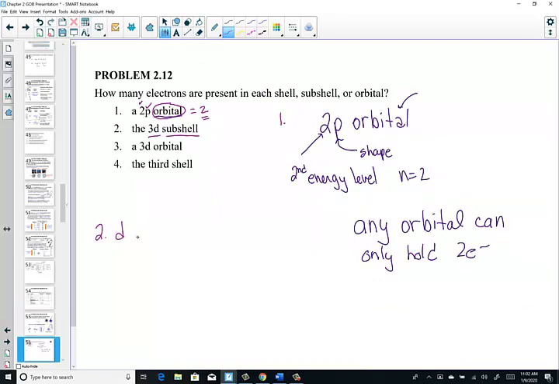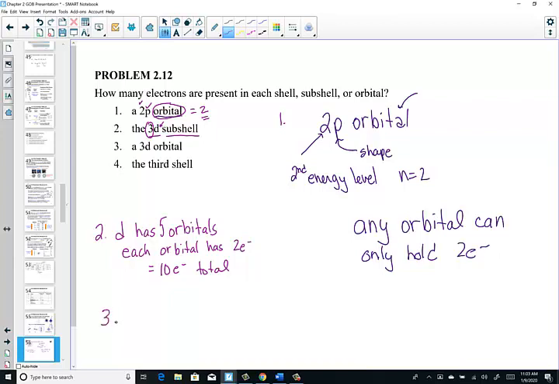So the d has 5 orbitals. Each orbital has 2 electrons. And that means we have a total of 10 electrons in the d sublevel. It does not matter what energy level. No matter what energy level I find d in, it will always have 5 little orbitals, each having 2 inside for a total of 10.